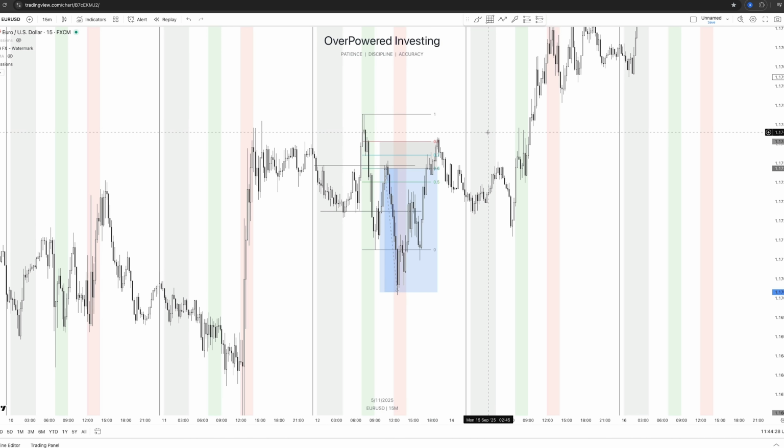And why is this strategy so mechanical? Because you can trade the OP method number 1 only one time per one side. For example, we can trade the OP number 1 to the upside one time, and we can trade OP method number 1 to the downside one time. Only and only. So basically, let's say we do have one bad trade over here. The price broke to the upside.